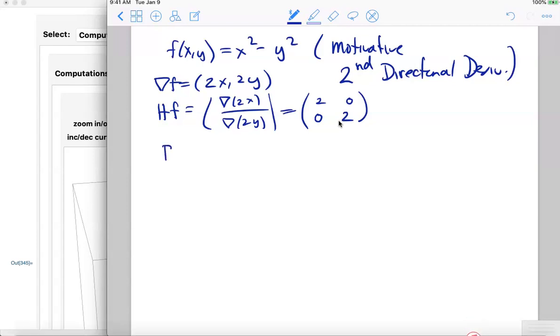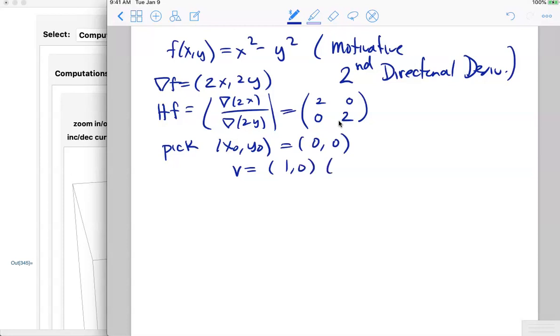Now if you pick a particular point, x naught, y naught, let's say that we pick the point 0, 0. And we pick the direction vector v to be 1, 0. We just chose this at random. You'll notice that it happens to be the x direction.